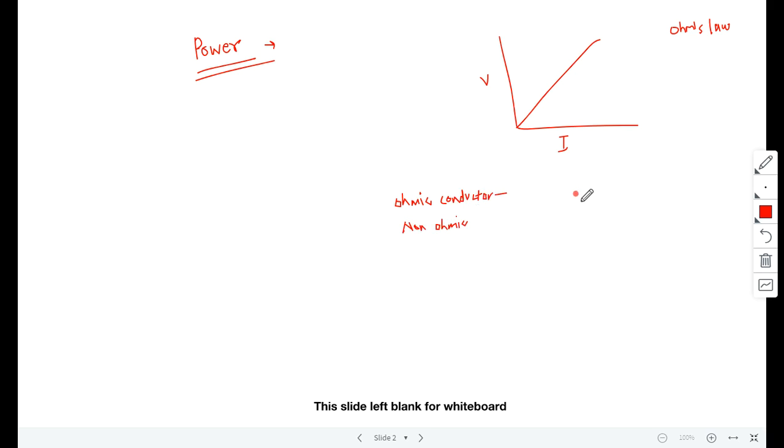And Ohm's law is V is directly proportional to I, or V equals IR. Because of this direct relationship, we get this graph. So that's the main thing you have to draw, the graph and Ohm's law.